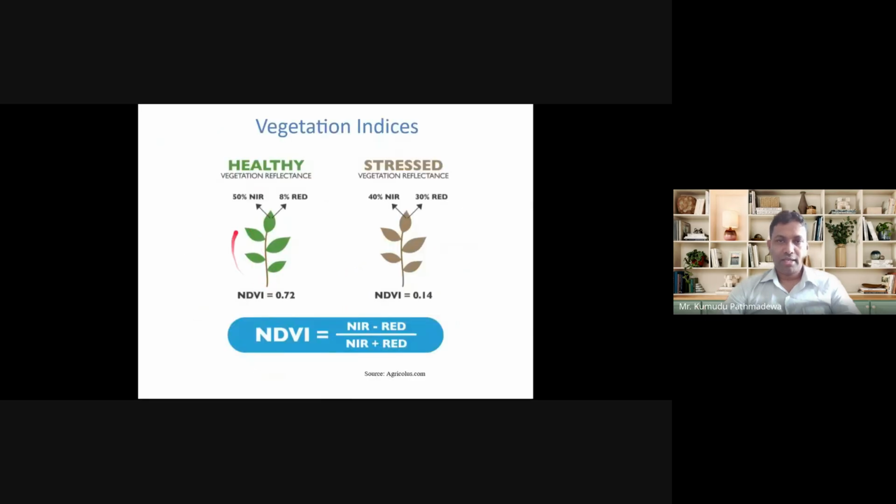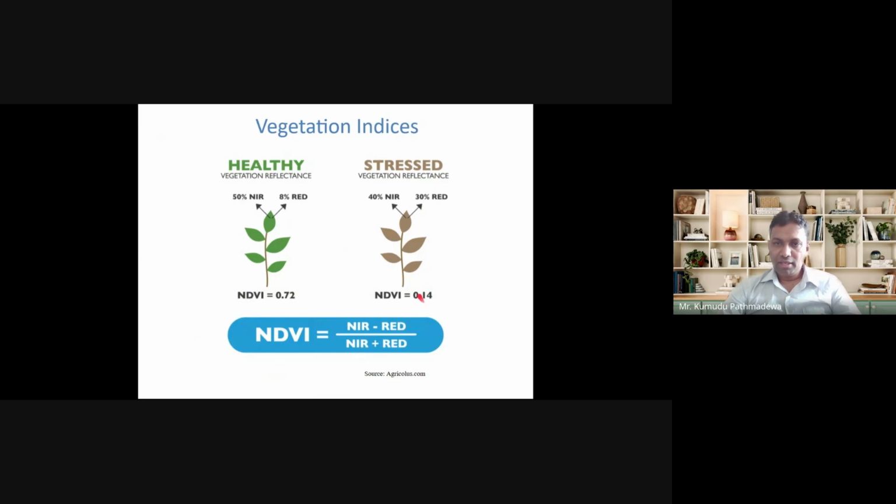This slide also simply illustrates how the NDVI looks. So this healthy vegetation got a 0.72 value, and this stressed vegetation got 0.14.